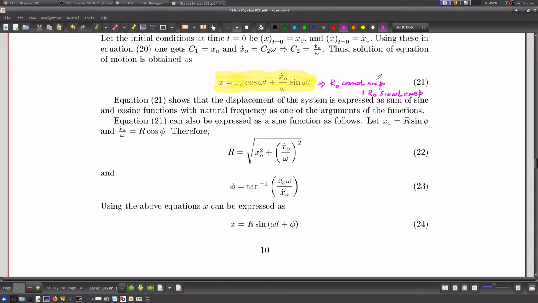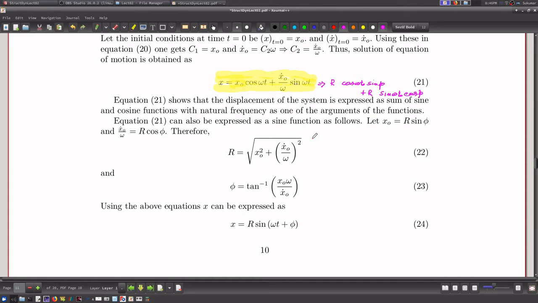So I get sine A cos B plus cos A sine B terms, so I will get finally the sine A plus B term. Therefore this will be my r. I am using r naught, in the note it is r, so let me remove this naught. So I have r sine omega t plus phi, where phi is what?